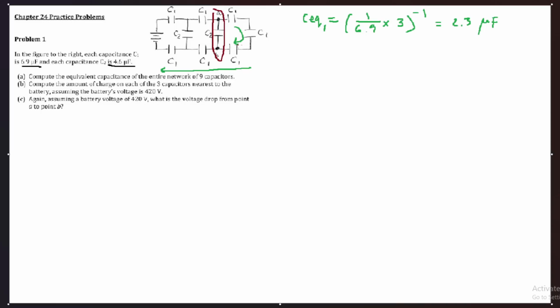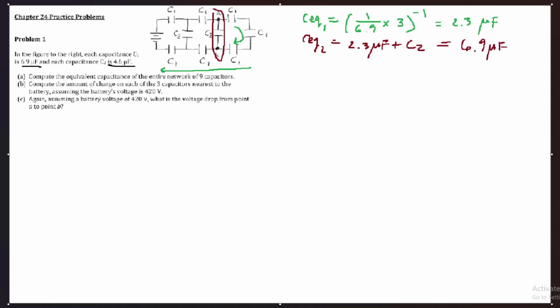And then this series is in parallel with this capacitor right over here. So we're just going to label this new C equivalent 2. And since capacitors in parallel, you just add the capacitance together. It's going to be 2.3 microfarads plus C2, which equals 4.6 plus 2.3, which is just 6.9 microfarads.